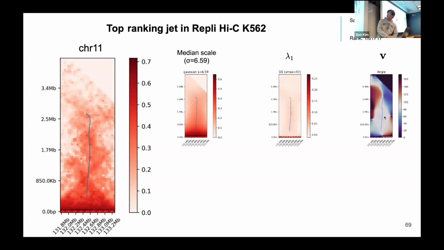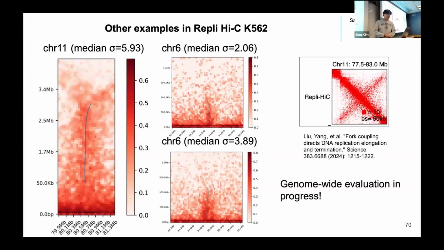For the angle, I centered it so that the white is 90, so we see that most of it is 90. So it's pointing in the right direction. Some other examples: the one on the left is another jet on chromosome 11, and its scale is a bit smaller.